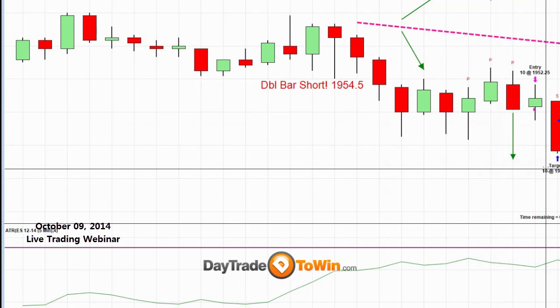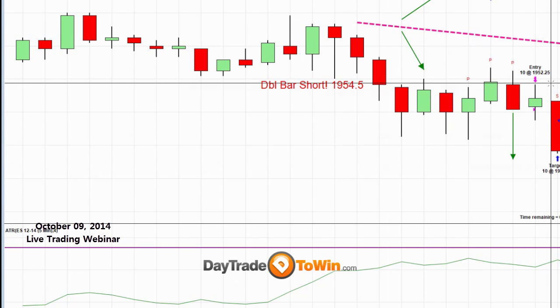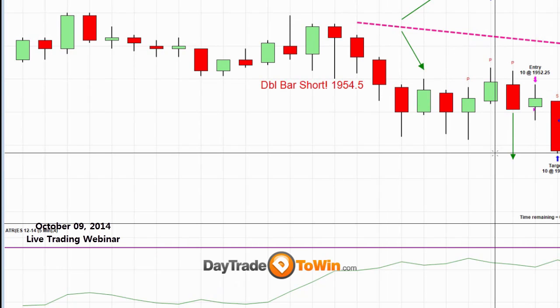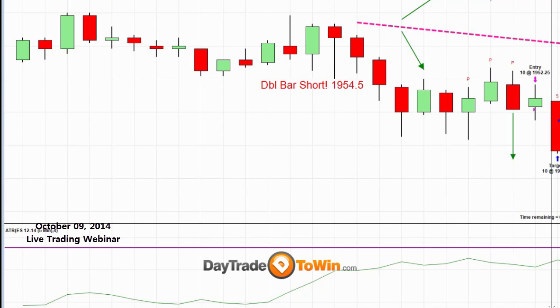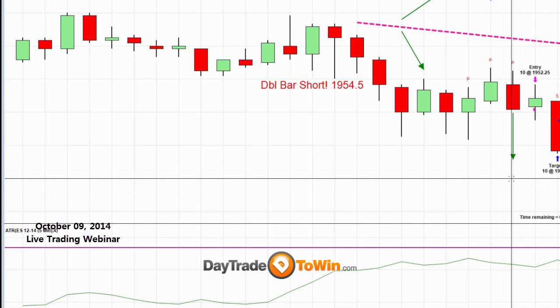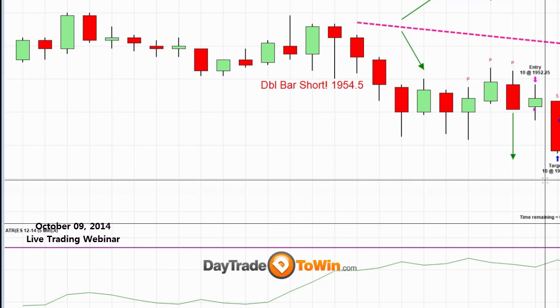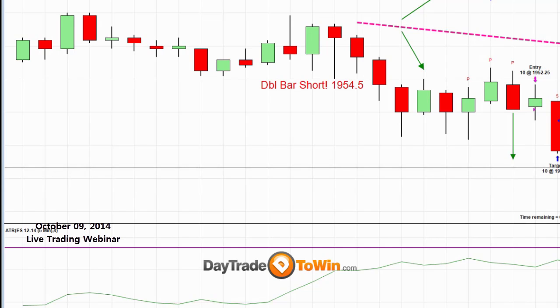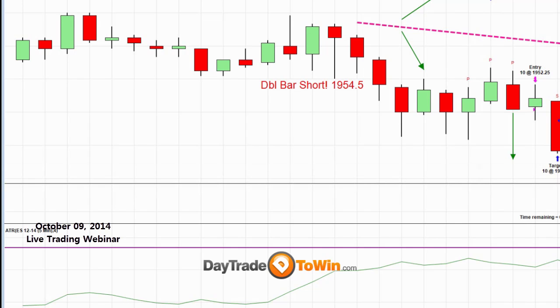The pivot, or where the move started, was 1954. It's not always like this, but the market is a little bit heavy today on the volume, and the range of these candles are huge. So if you think about the risk, you have to ask yourself, is it worth me taking a trade for 4 ticks where it could potentially move this distance from where it started?